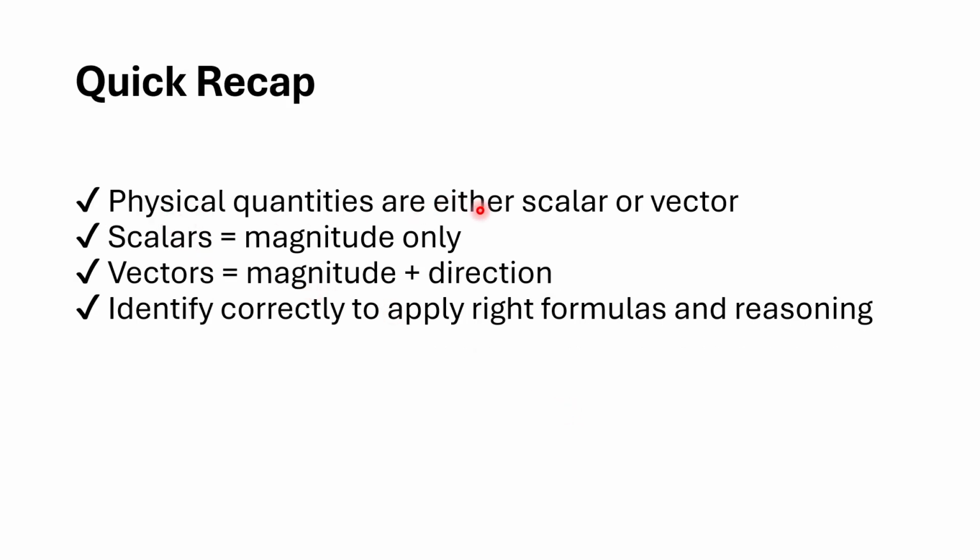Physical quantities are either scalar or vector. Scalars are those quantities that have only magnitude, but vectors are those quantities that have magnitude as well as direction. This is the main difference between them. Identify them correctly to apply the right formula and reasoning.